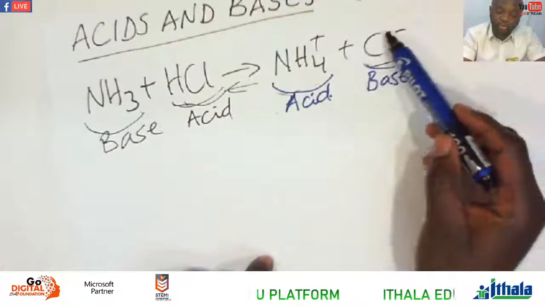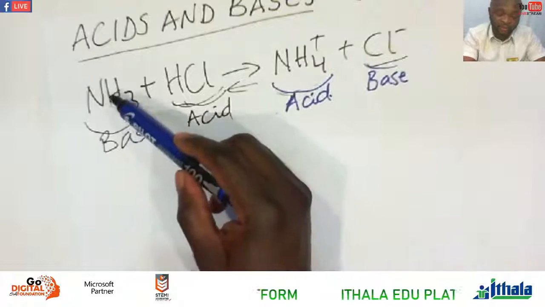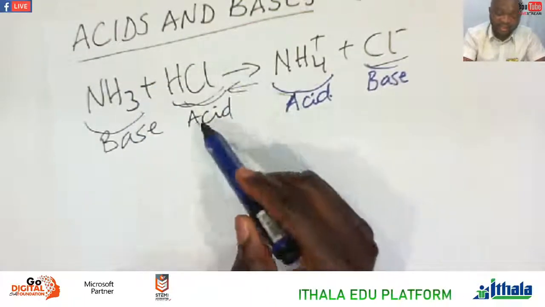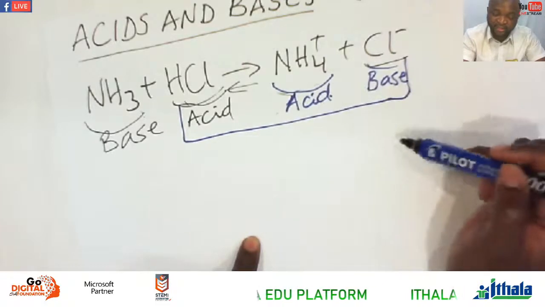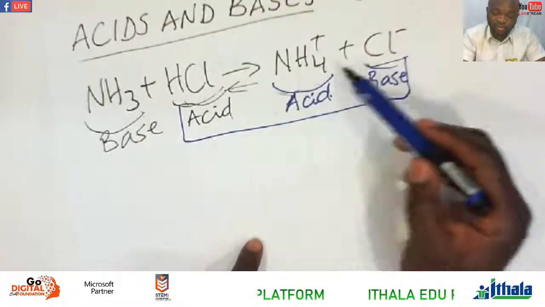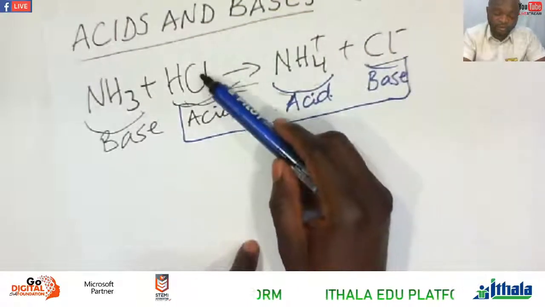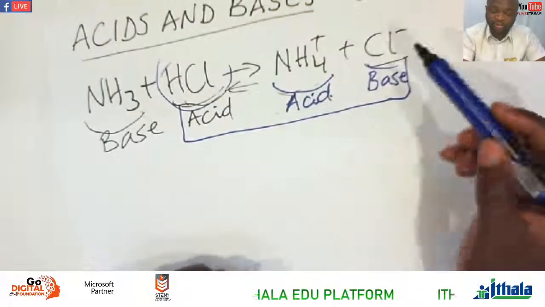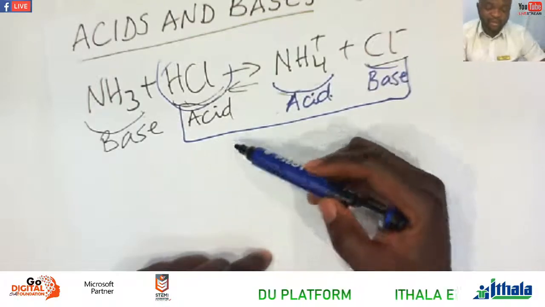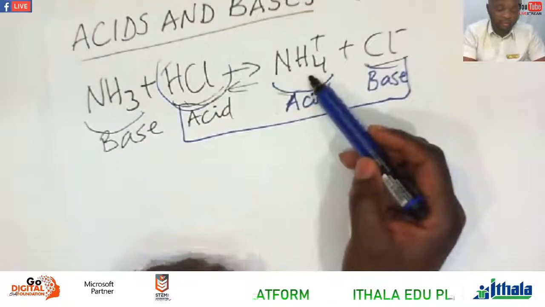So sibona ukuthi lo Cl minus uvela kulo HCl. Kanti lo HCl is an acid while the Cl minus acts as what? As a base. So this one is a conjugate. So njengoba sine acid lana, Cl minus will be what? A conjugate base yaleyo acid. Masibuka NH3 no NH4.